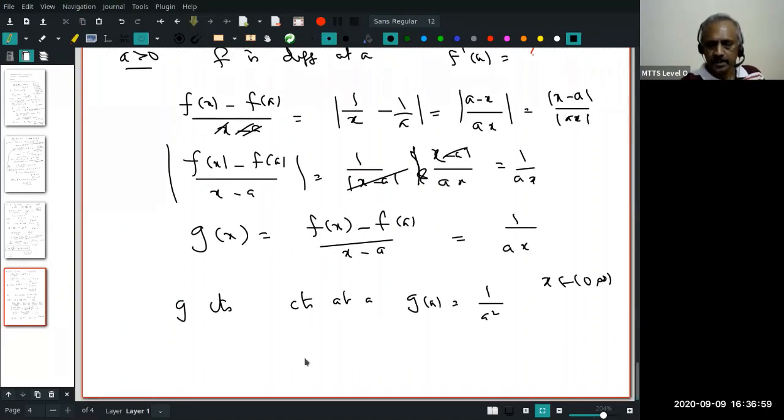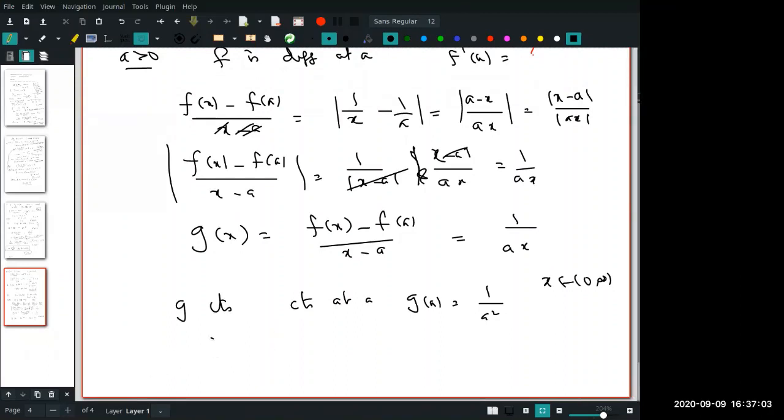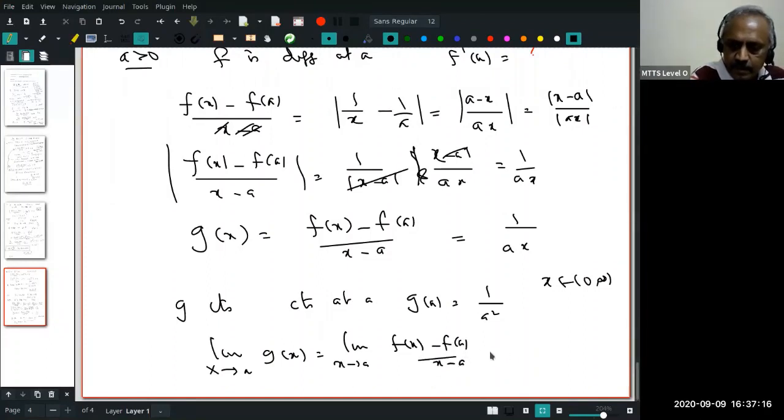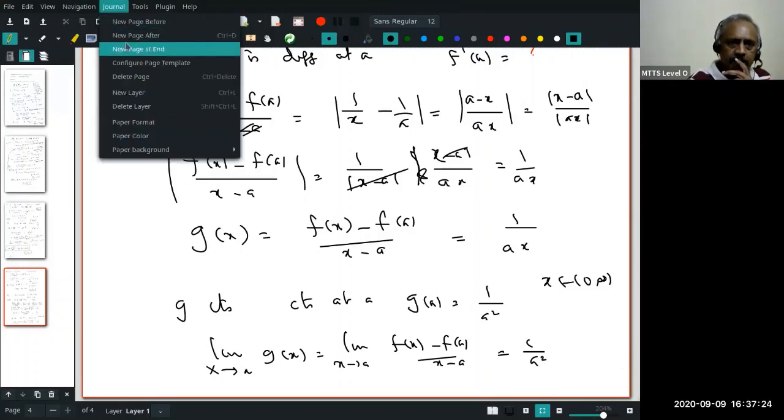Okay. So now I want the limit as x tends to a of g(x), which is the same as the limit as x tends to a of f(x) minus f(a) by x minus a. That is equal to 1 by a squared. So what do I have?